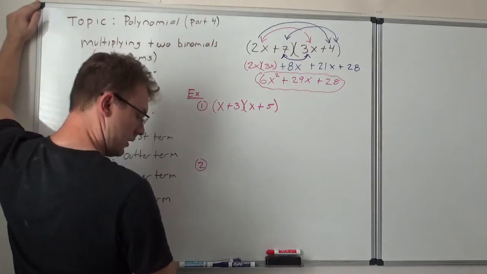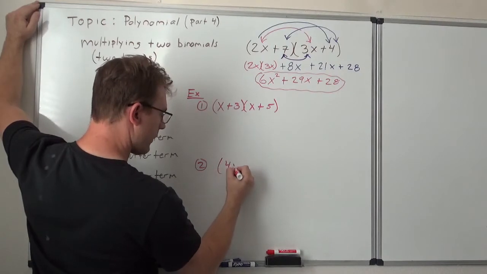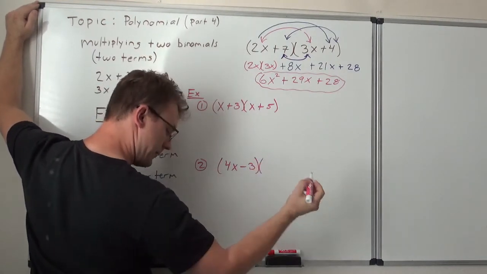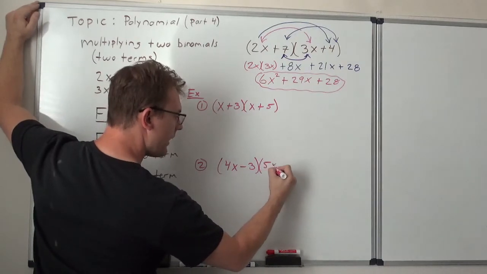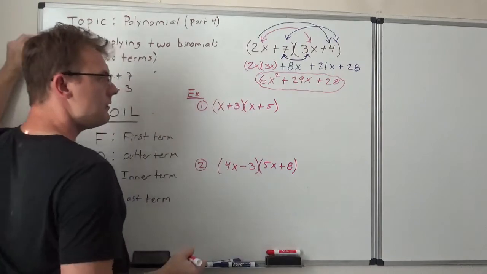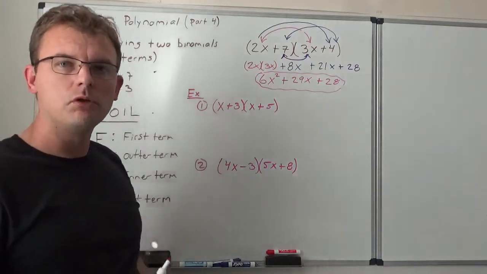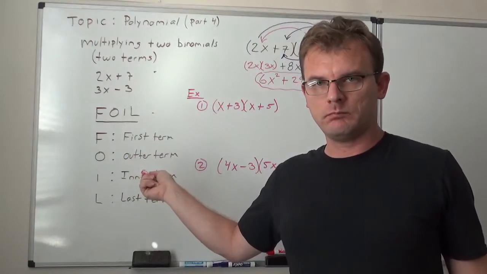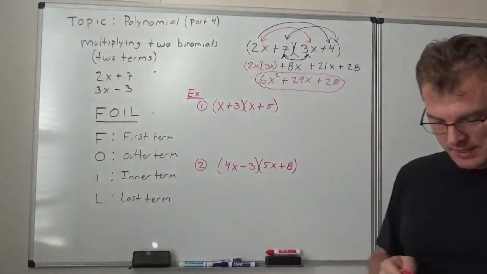Example 2: 4x minus 3 times 5x plus 8. So there are two binomials. We have to use the FOIL method in order to do this.